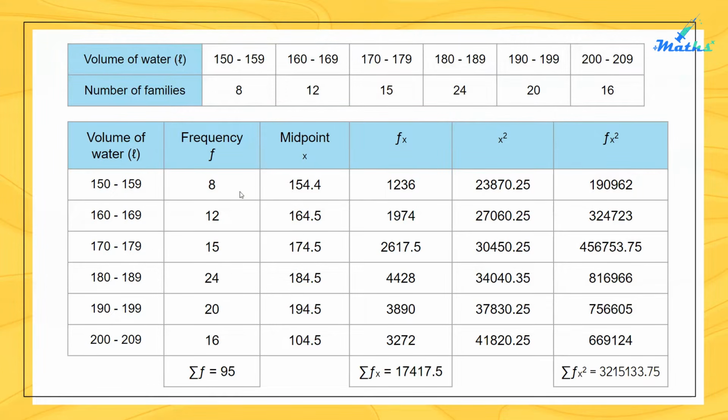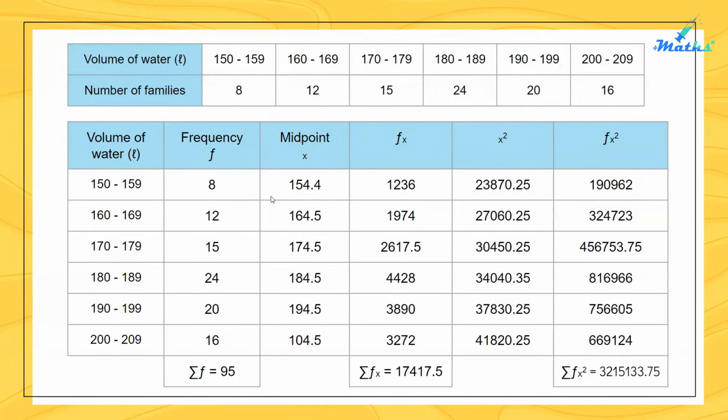For the midpoint, we take 150 plus 159 divided by 2 and we get 154.5. Then 160 plus 169 divided by 2 and we get 164.5. For the fx, we take the frequency times the midpoint.